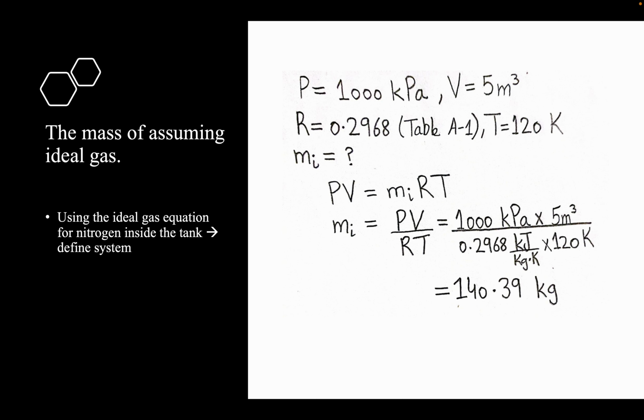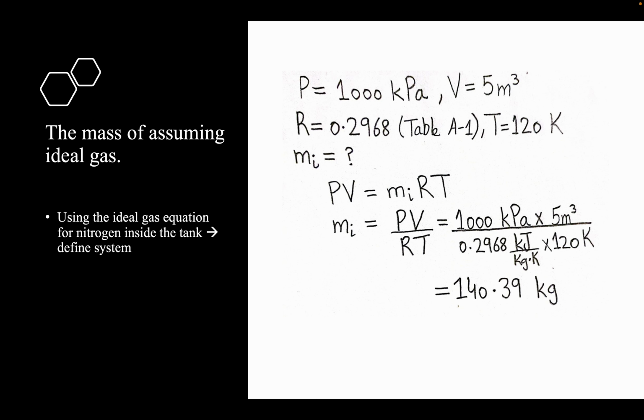Now the mass assuming that it is an ideal gas. So we have defined a system. Our system is the nitrogen in the tank. The equation we're using is PV equals mRT. We're using m_i, which means the mass as an ideal gas. The pressure we have is 1000 kilopascals, so for this we have to convert from megapascals to kilopascals.